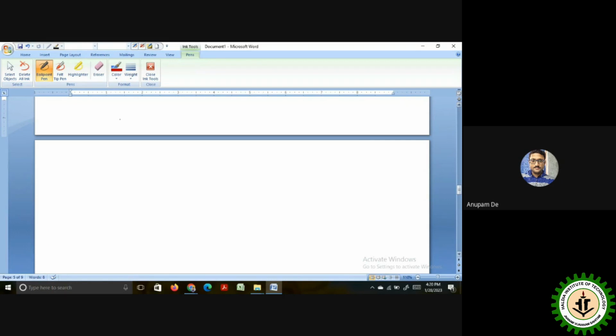Suppose you have a vector with angular velocity omega equal to omega 1 i plus omega 2 j plus omega 3 k. And suppose r is the position vector of any point, with expression R1 i plus R2 j plus R3 k.